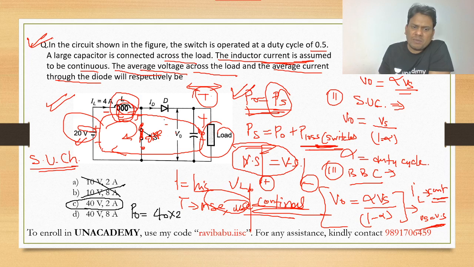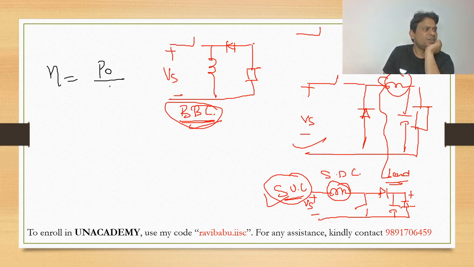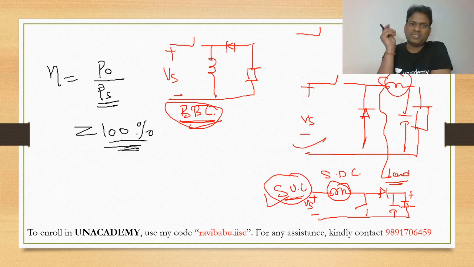Output power is 40 into 20, equal to 80 watt. So efficiency of this converter is P naught by PS, which means almost 100%.